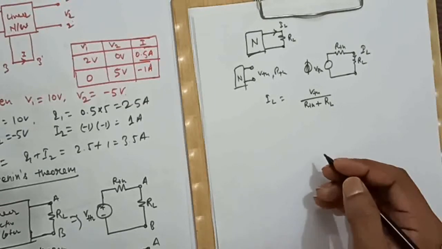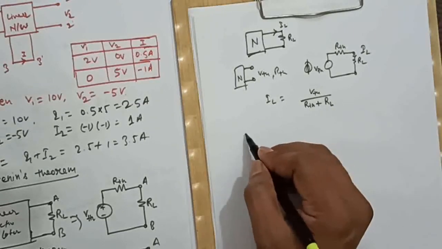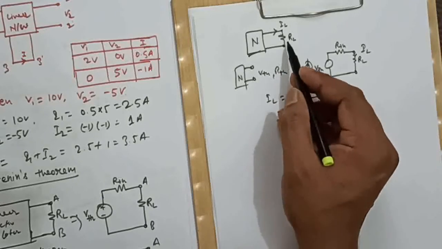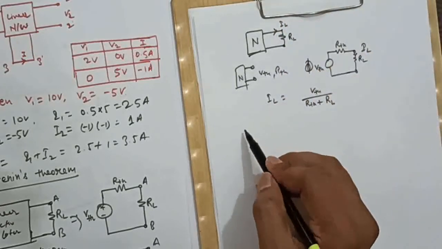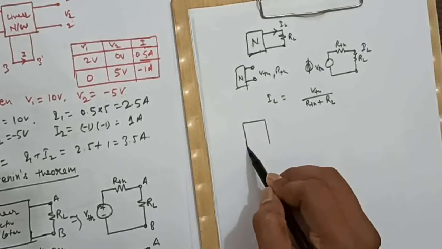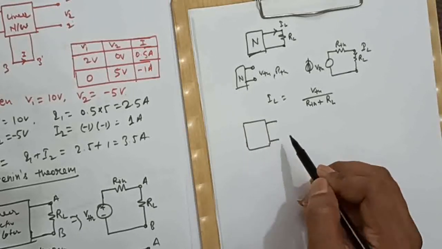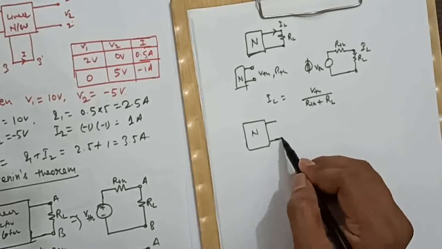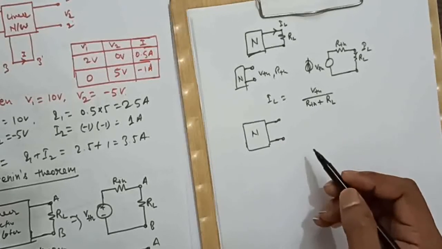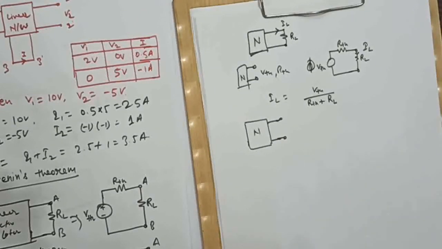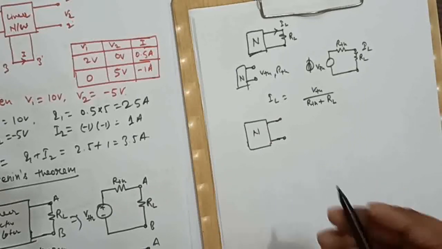In case of Norton, how do we have to proceed? First of all, we have to remove this RL. This will get converted in this form, right? Terminal A, terminal B. We have to find ISC, that is short-circuited current.